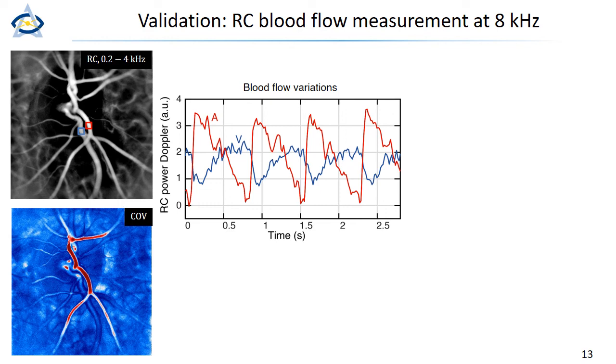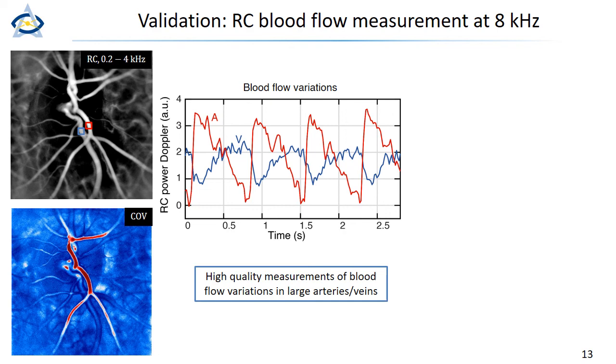When we represent the coefficient of variation map, we are able to differentiate arteries and veins, in red and blue also. So we are able to make blood flow measurements of sufficient quality, for example, to assess the resistivity index, or maybe eventually to measure the propagation of the pulse wave.